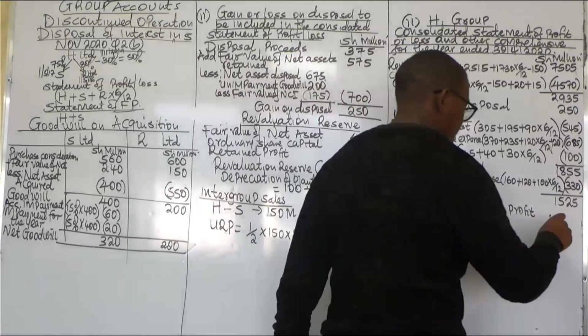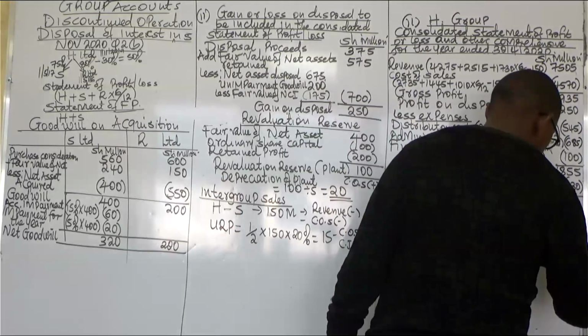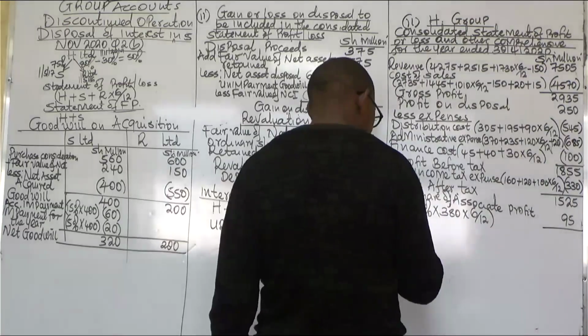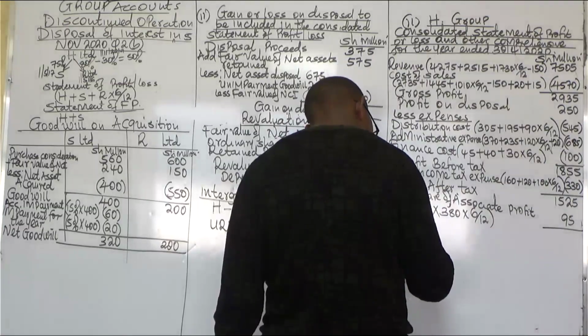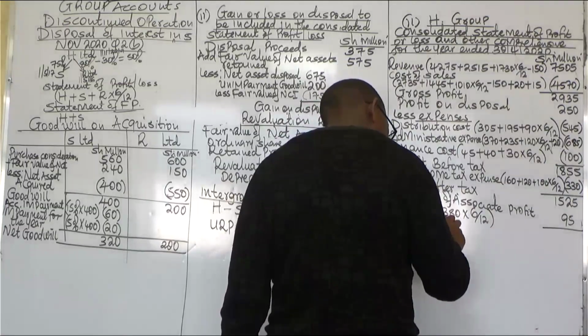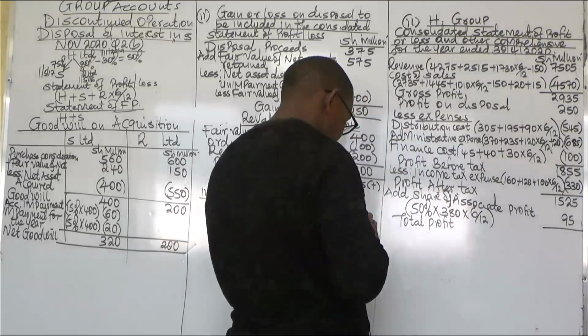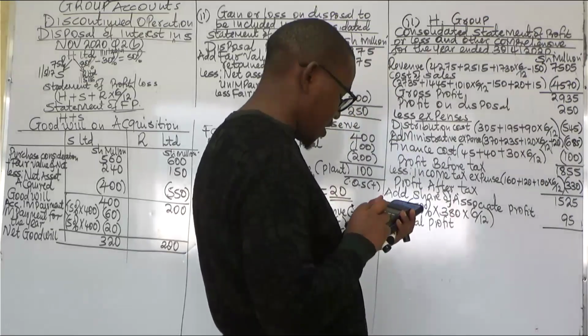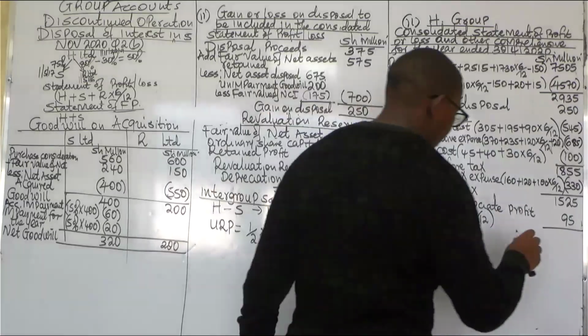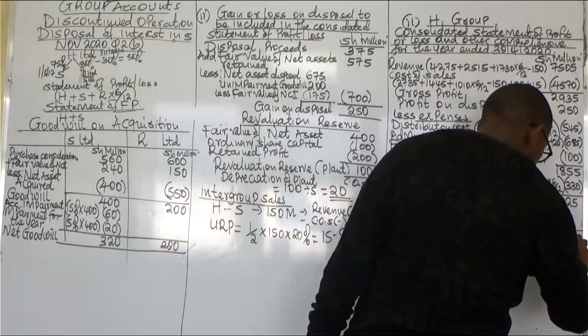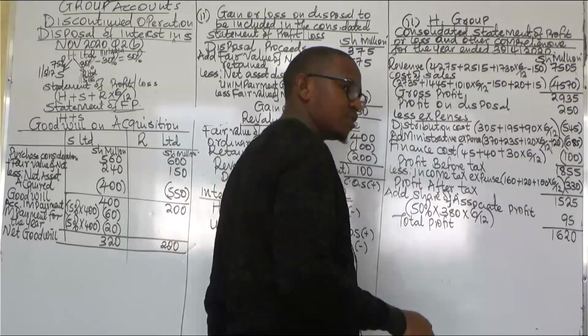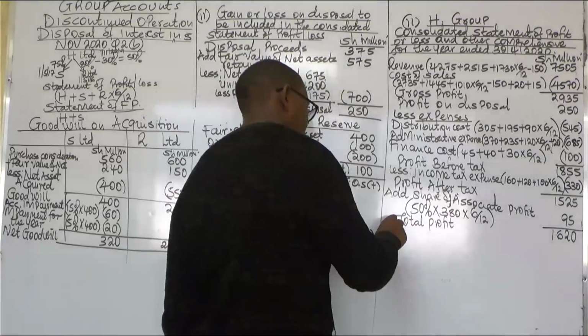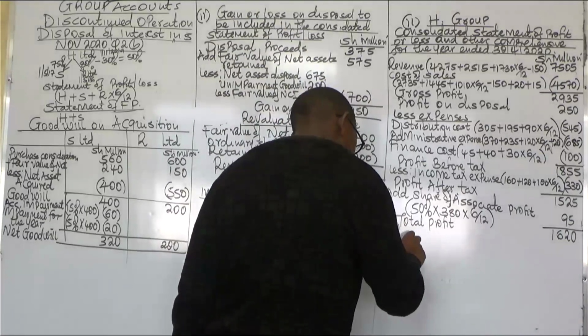You will get is 95. So what will be the total profit? 1525 plus the answer. You will be having a profit of 1620. We'll add other comprehensive income.